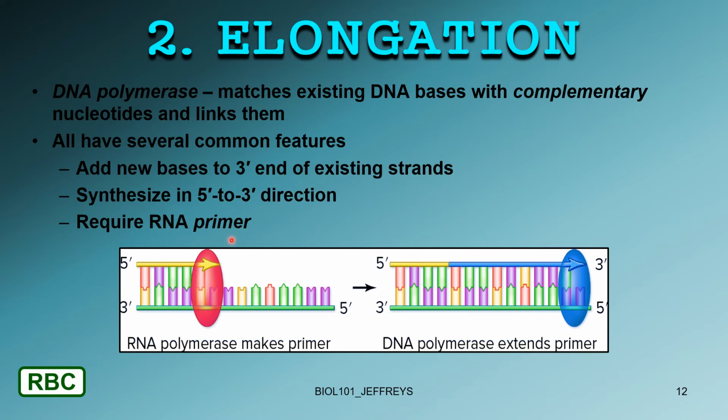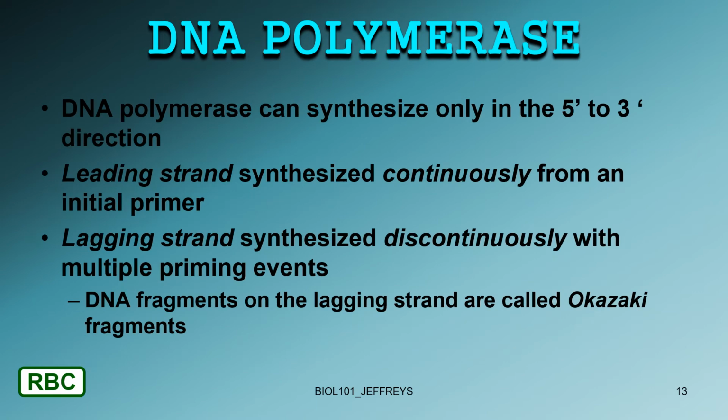Again, synthesis occurs 5' to 3', and each requires an RNA primer. That's the pink football here. Now, DNA polymerase 3 can only synthesize in the 5' to 3' direction.